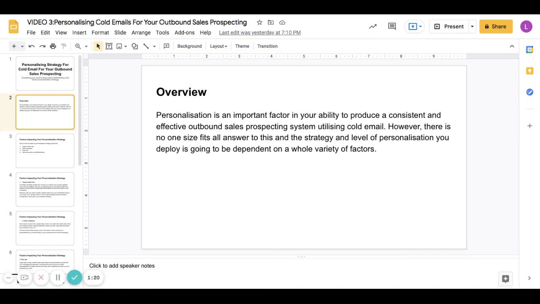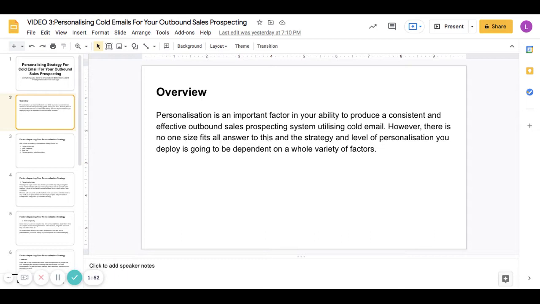And I honestly haven't come across a lot of people in the cold email or the outbound sales prospecting world that really cover the actual strategy side of it. Most people tend to cover the tactical side of personalizing cold emails, which I will do in another video. But in this specific video, I want to look at the high-level overview behind the strategy component of it, which I really haven't seen many other people covering.